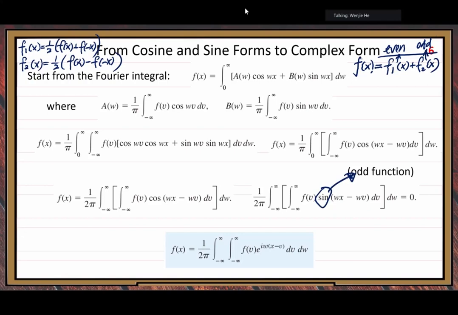Another convenience: here we need to compare the e function and sine and cosine. The e function is an exponential function, right? Sine and cosine are not exponential functions. So sometimes when you do algebraic operations, the exponential function is more convenient.